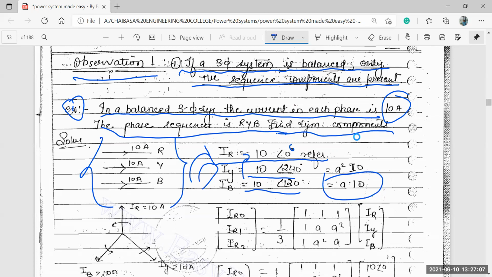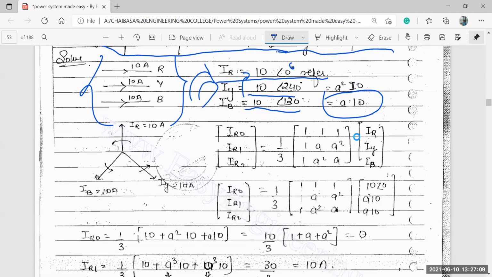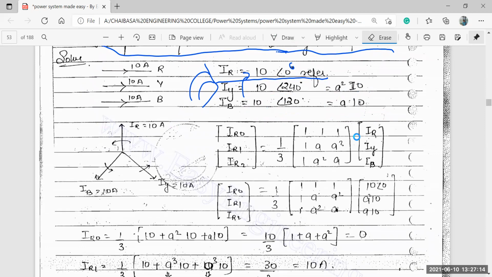Now we'll see from these particular segments.